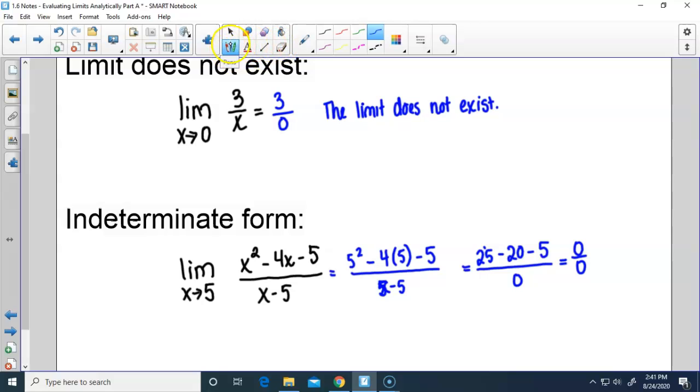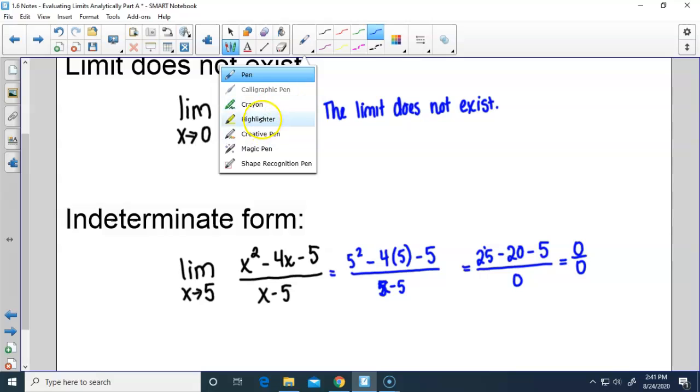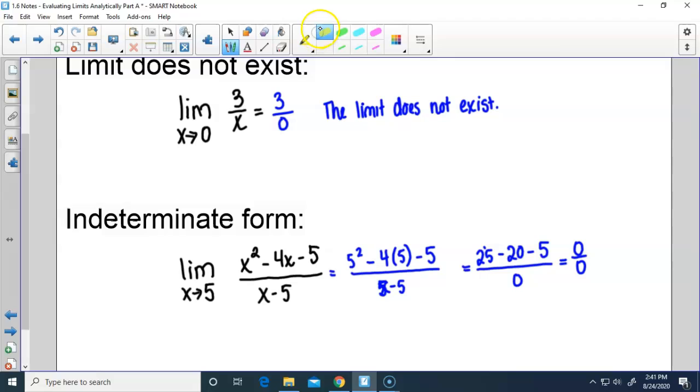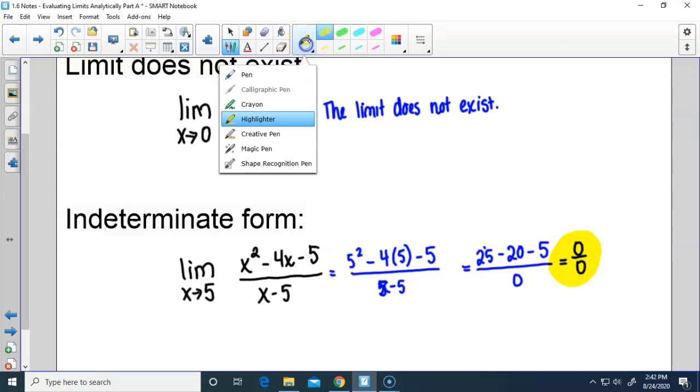Now, I said that I was going to do something that's mathematically incorrect, and I did. I did not make an error with my arithmetic here, but right here is my problem. 0 over 0 is indeterminate, so technically nothing can equal 0 over 0. So writing it this way is really not acceptable on the AP exam.